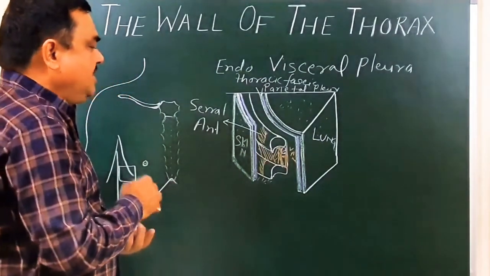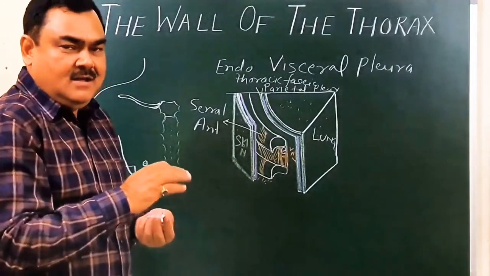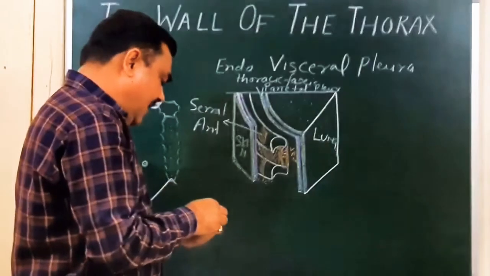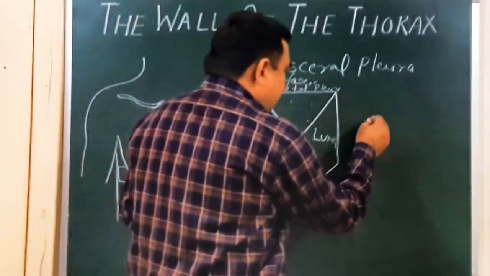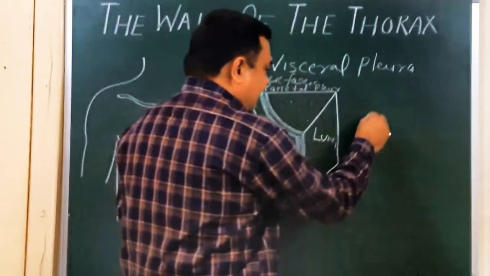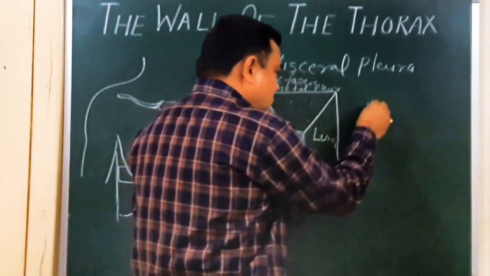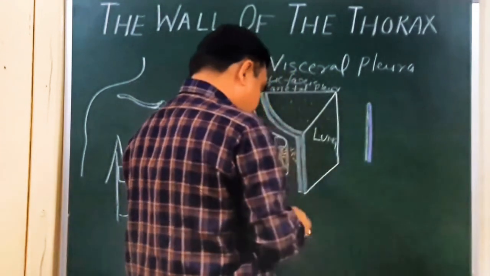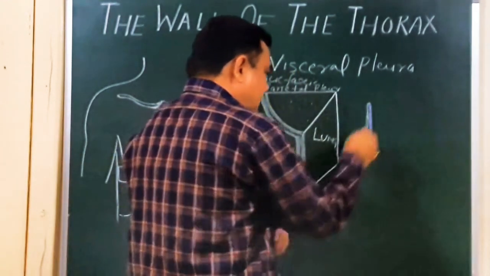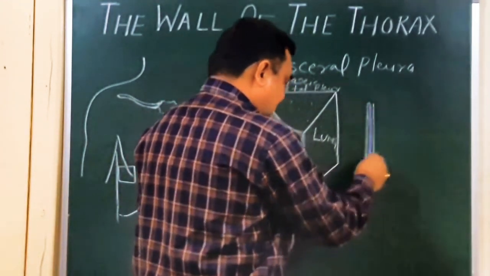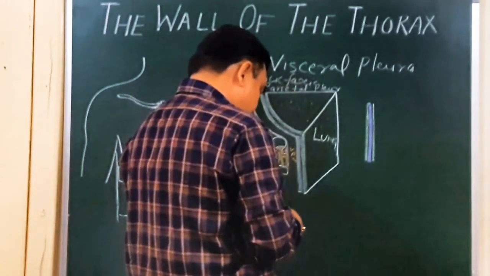If you see another two-dimensional simple diagram, you will find there is skin, the outermost structure, then superficial fascia, then deep fascia, then a group of muscles.